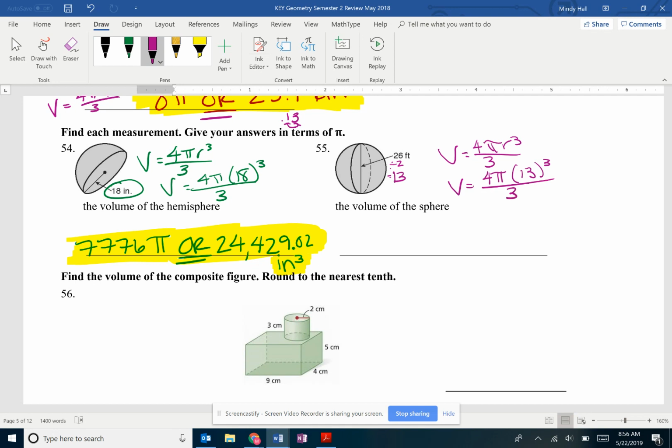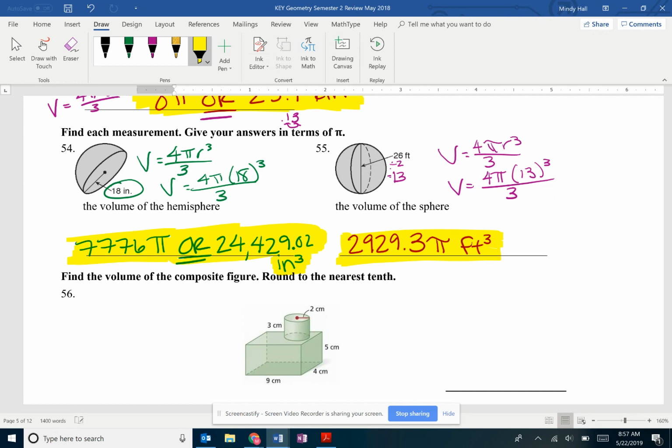So to get our answer in terms of pi, we would do 4 times 13 cubed divided by 3. And that gives us 2,929.3 pi. And it's 0.33 repeating, but you can just leave it as 0.3. And then our units would be feet cubed. Okay.